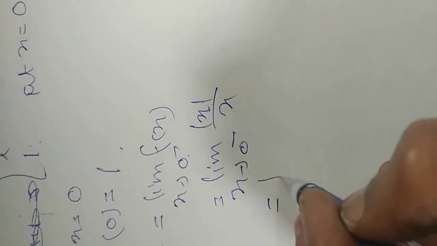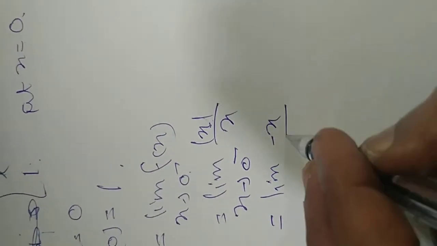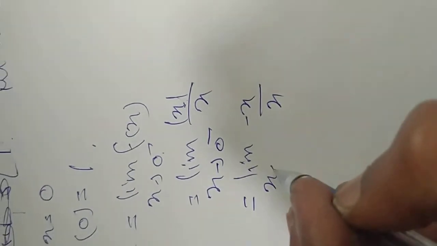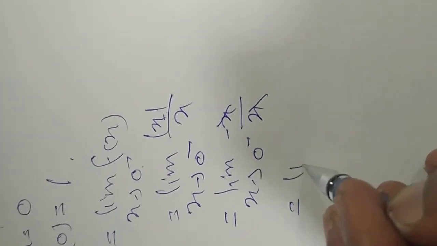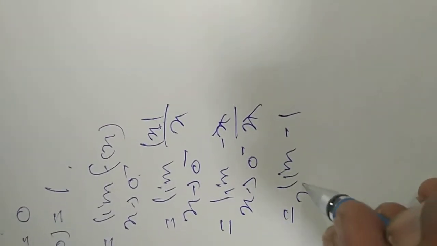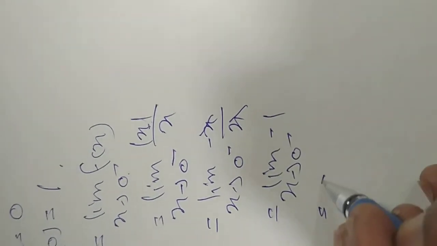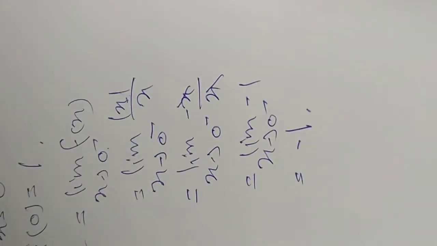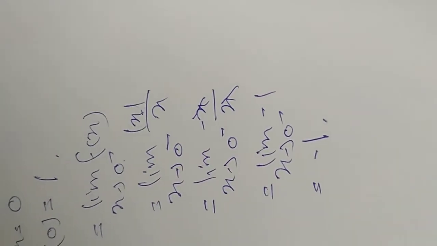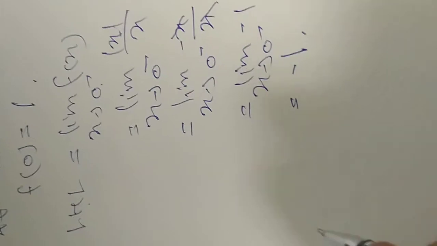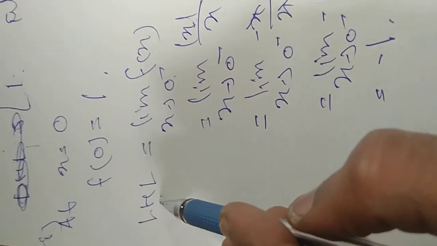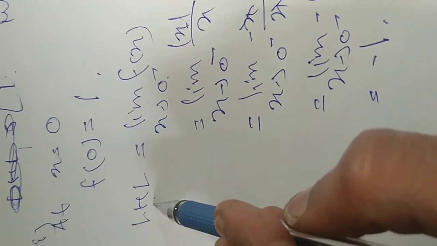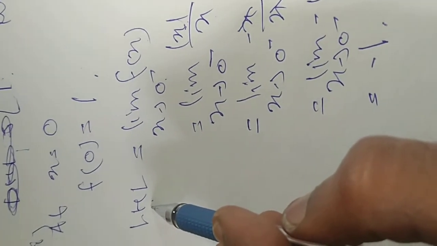So the modulus function gets replaced by minus x by x as x tends to 0 minus. Here x and x will get cancelled, so what is left is minus 1 as x tends to 0 minus, which is equal to minus 1, because there is no substitution, as there are no variables. Now we have checked what LHL is.